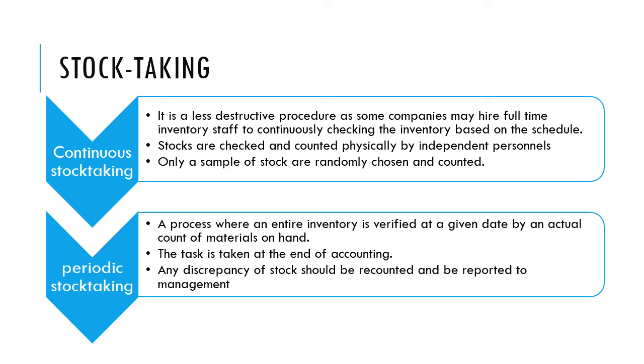The data is taken at the end of the accounting period. Any discrepancy of stock should be recounted and reported to management. So under periodic stock taking, this is where we get our closing stock.